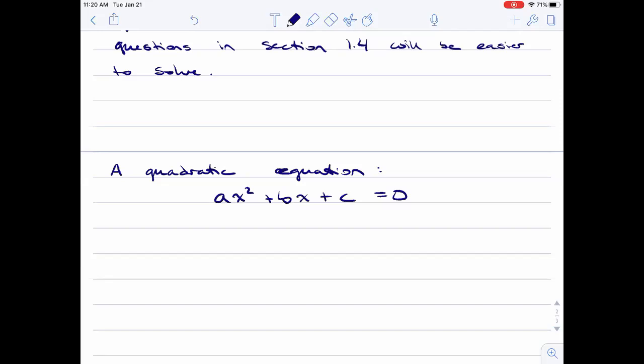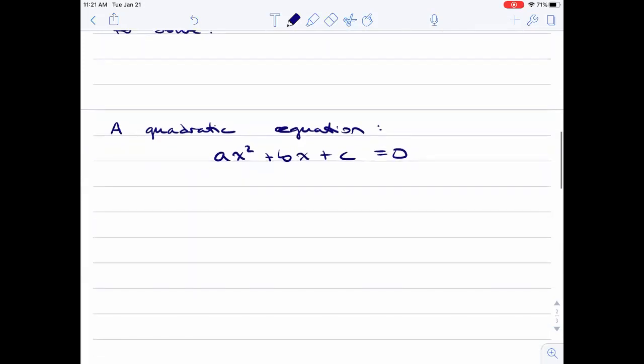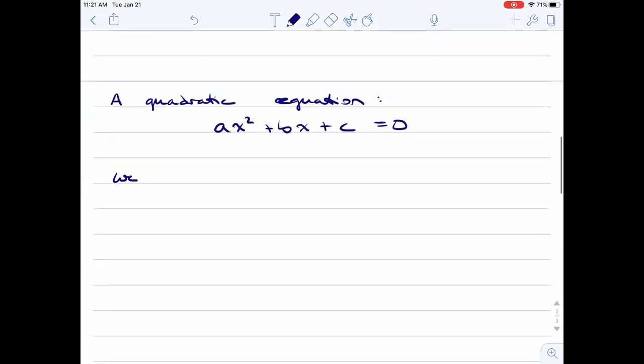Solving for the roots is solving for when this function is equal to 0.